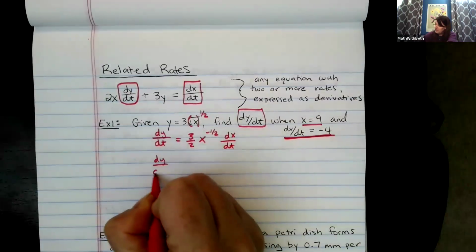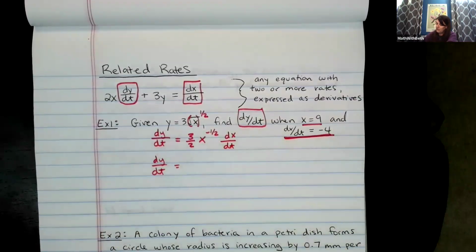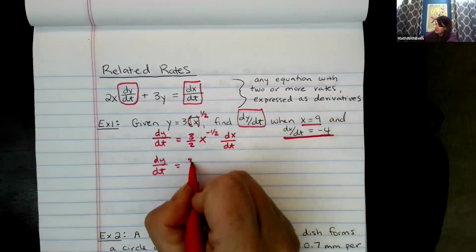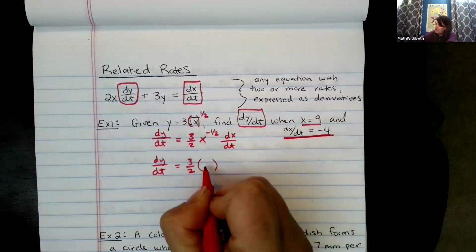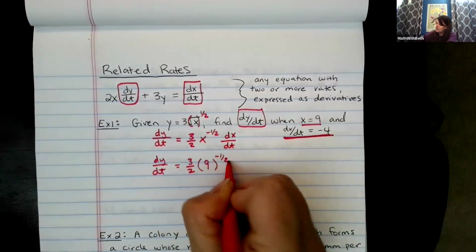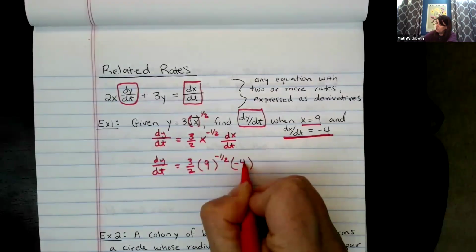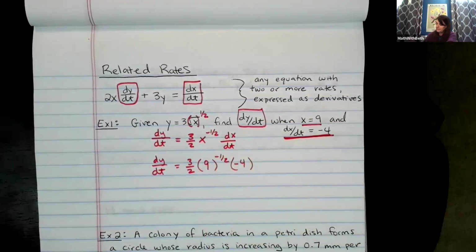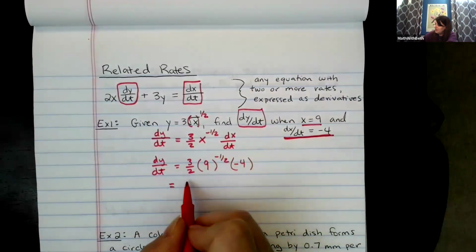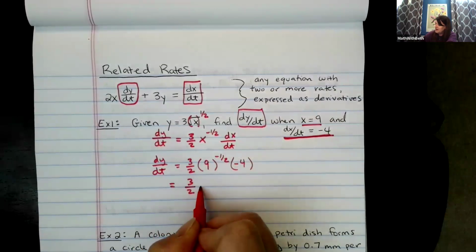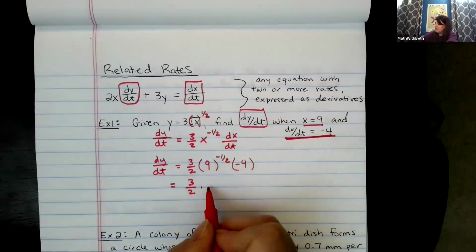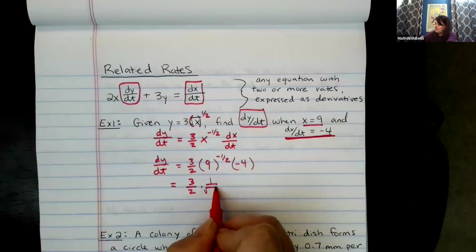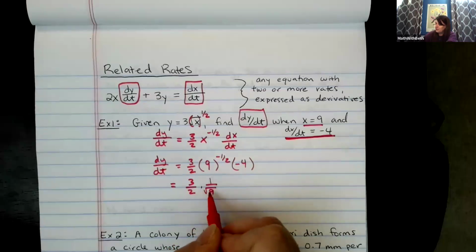So dy/dt, which is what they wanted us to find, so we found it, is this, but now plugging in 9 for the x and -4 for the dx/dt gives us 3/2 times, this is really the square root of 9 on the bottom, so that's really 3.